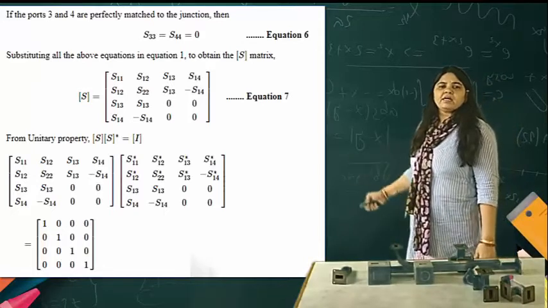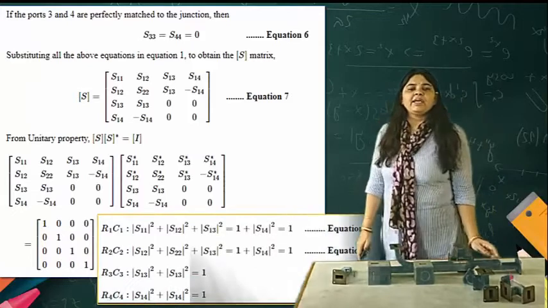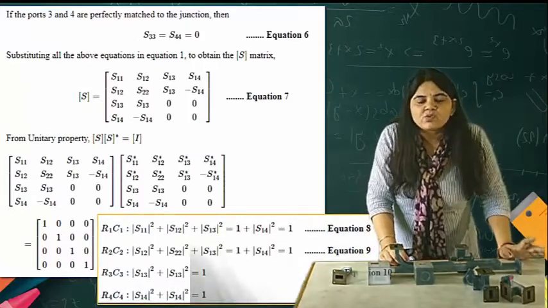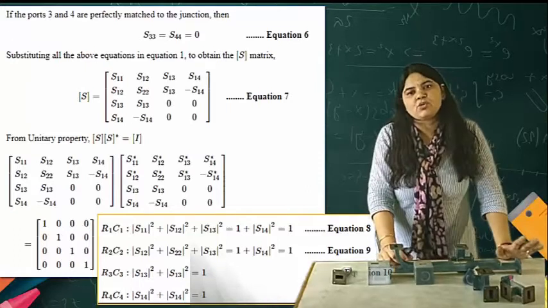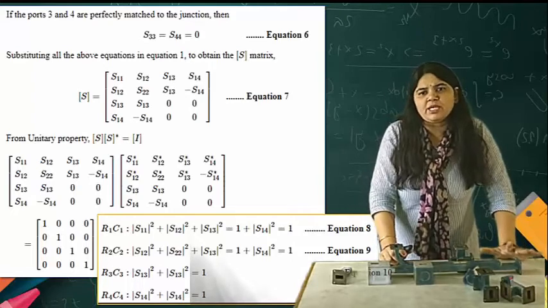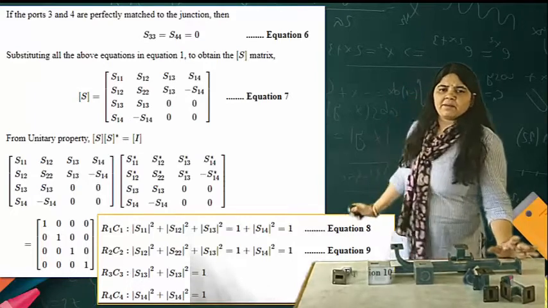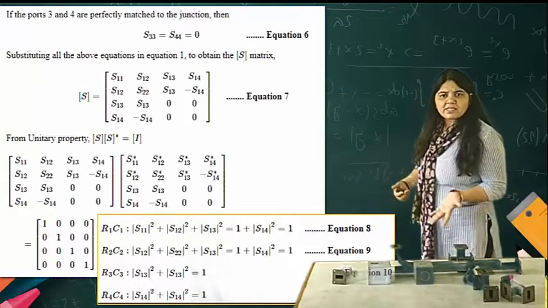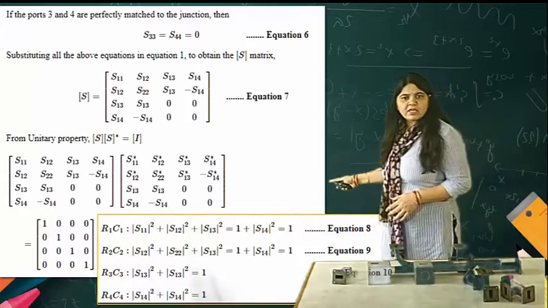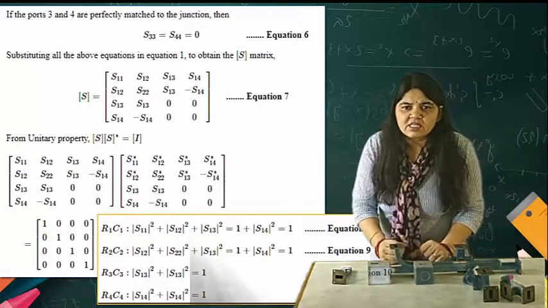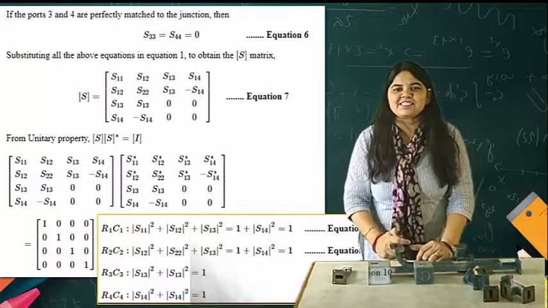So by comparing these two values, what can I do? I can find my S11, S12, and all the S coefficients, the scattering coefficients, by solving the equation. It is simple logic of solving the matrix. So R1C1, R2C2, R3C3, and R4C4.